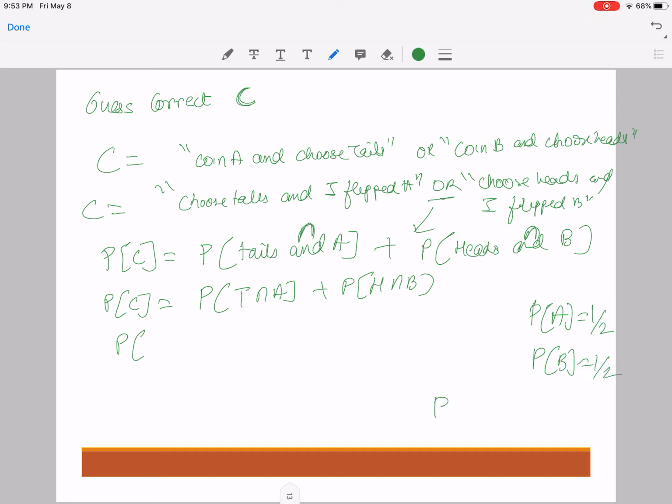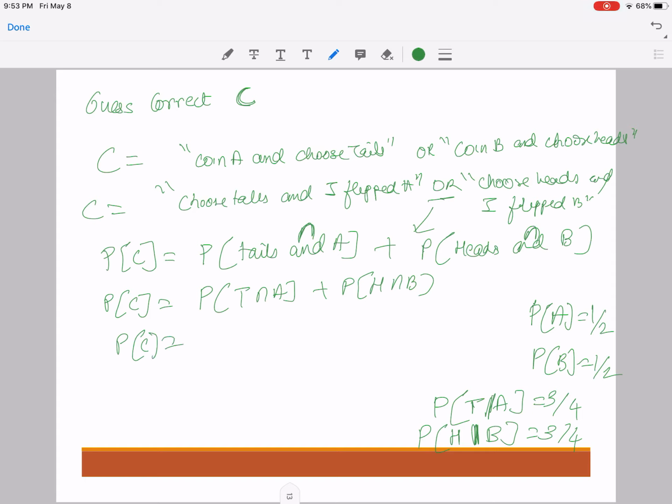Further, it's given to you that probability of tails, given that you flipped coin A, is 3/4. Because A turns up heads with probability 1/4, so it will come up tails with probability 3/4. Similarly, B gives you heads with probability 3/4. So probability of heads, given that you chose coin B, is 3/4.